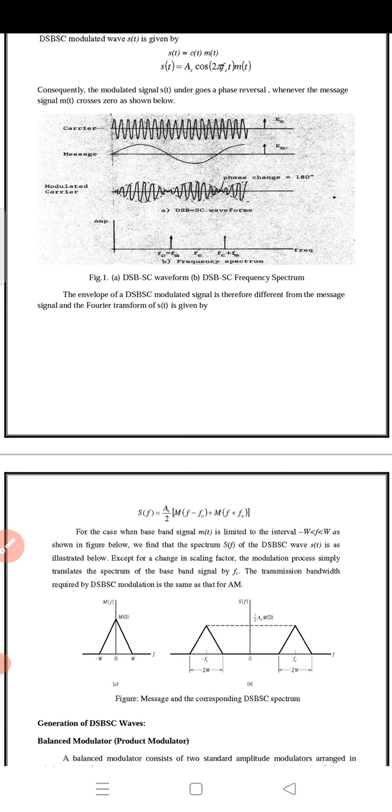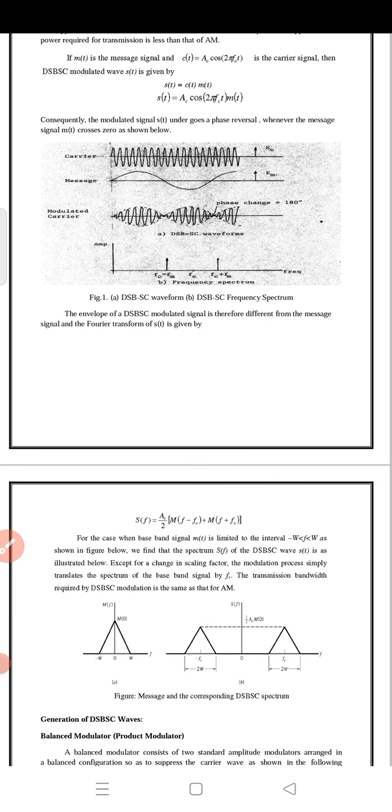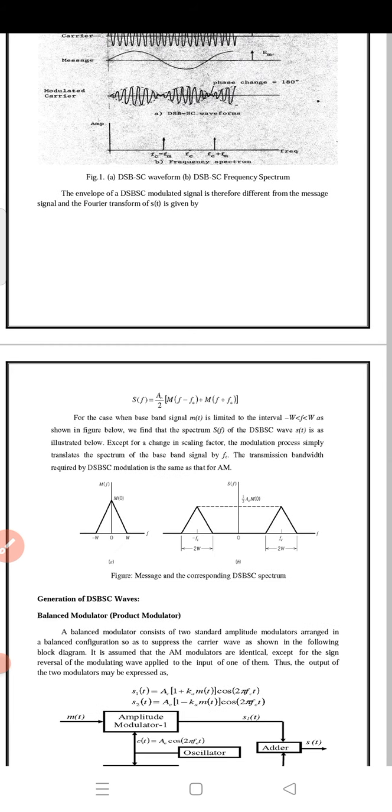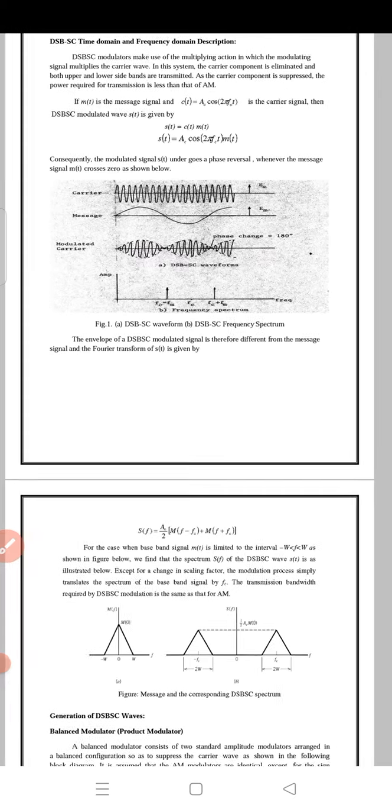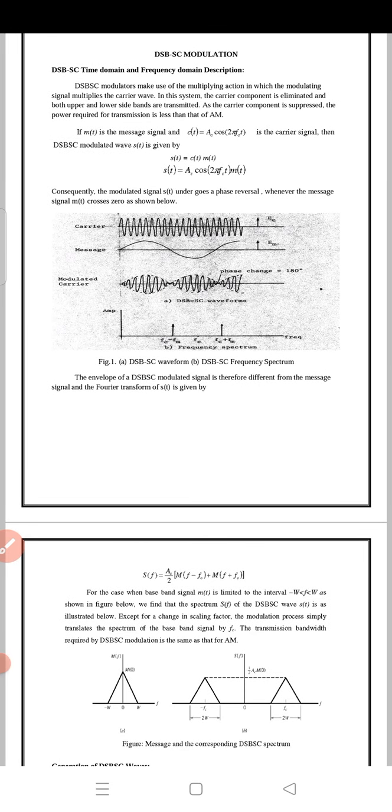That's why we simply ignore the carrier by this DSBSC technique, saving 66 percent of power compared to AM. In later classes we will also discuss the power relations of DSBSC.